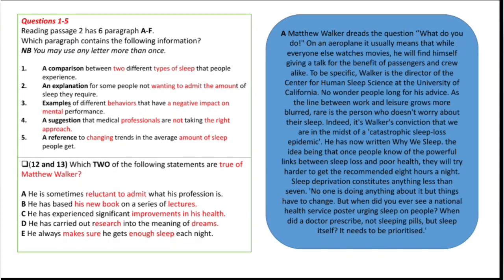So if you have finished, now I'm opening the next page. So here you can see that we have found the answers of the fourth question, as well as we have chosen a version from questions 12 and 13, right? If you have a look at this part, Matthew Walker dreads the question, what do you do, right? And have a look. Dread is something like hate, right?